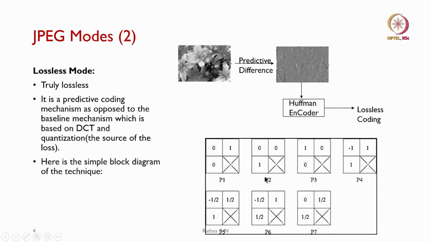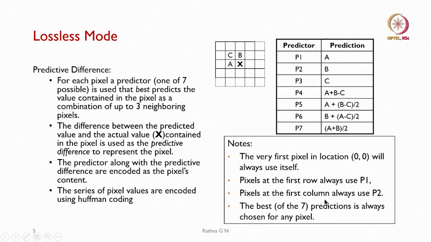In the P2 mode it is 1, 0, 0, and so on. In P5 we have 1, minus half and half. In the same way, P7 has half, 0 and half. We will see how predictive coding is used. We only consider the difference in this case.